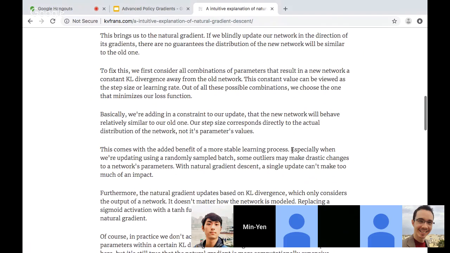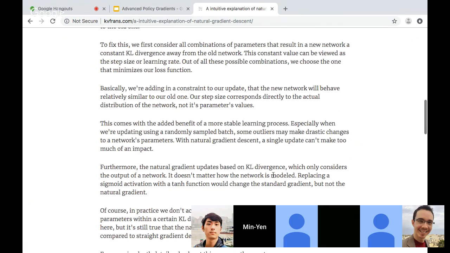Like Wee-san said before, it's not really vanilla gradient descent. It's more like gradient descent, making sure that your steps are pretty close together, right? So that's why it's more stable, right? So we call this natural gradient descent because you have that capability.